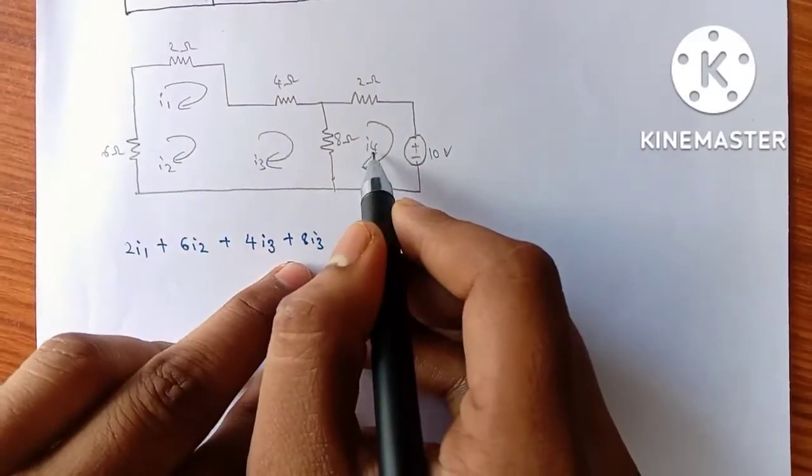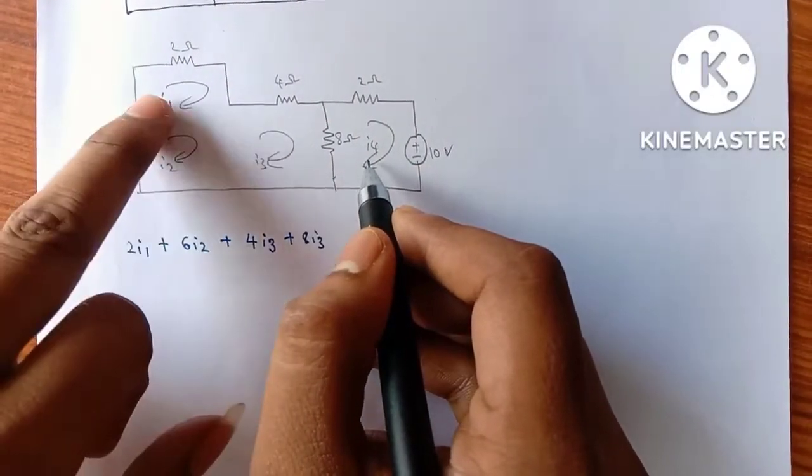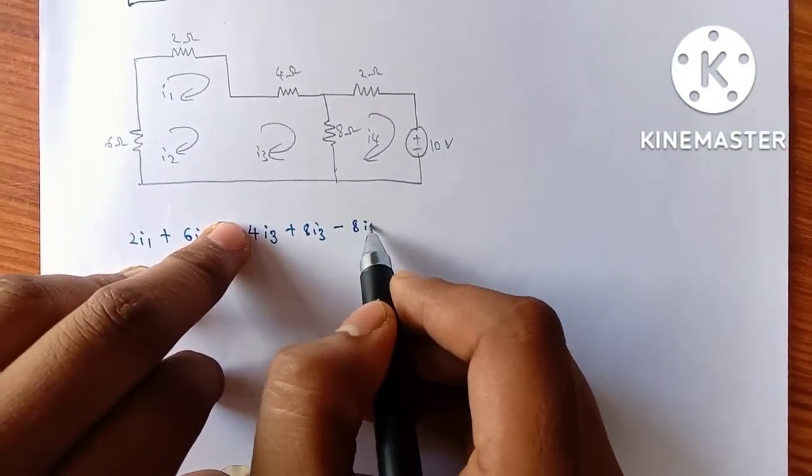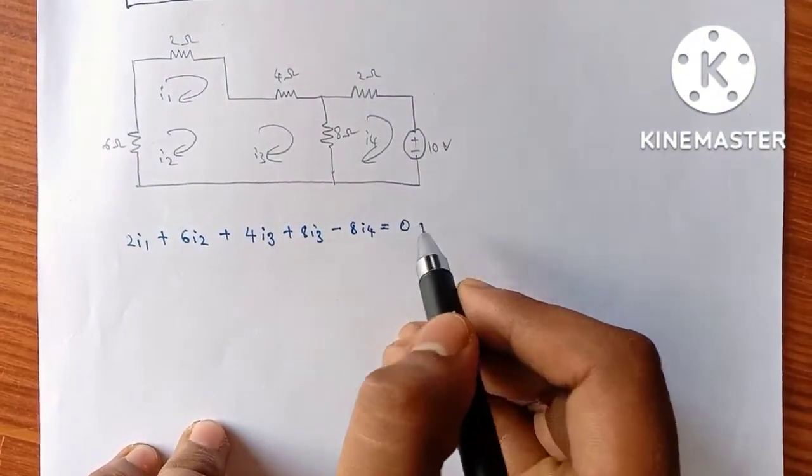Here this I4 also affects this loop, so minus 8I4 equals 0.